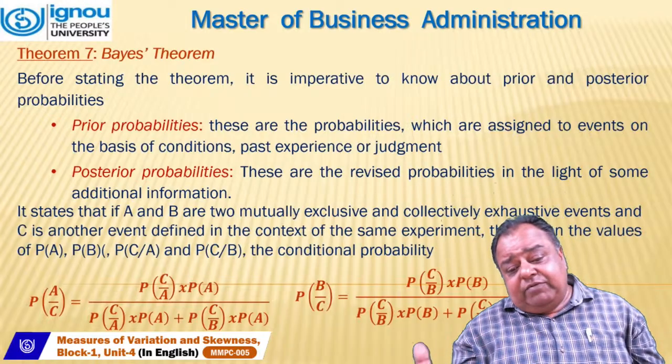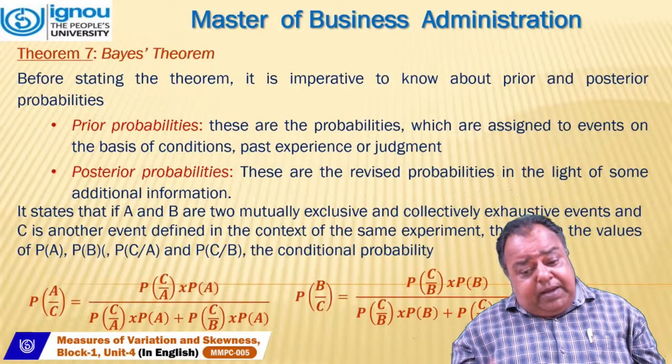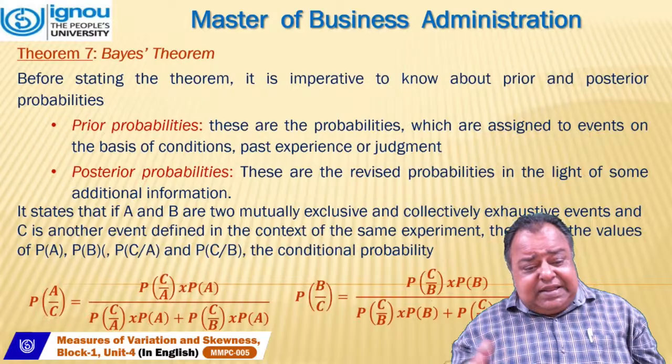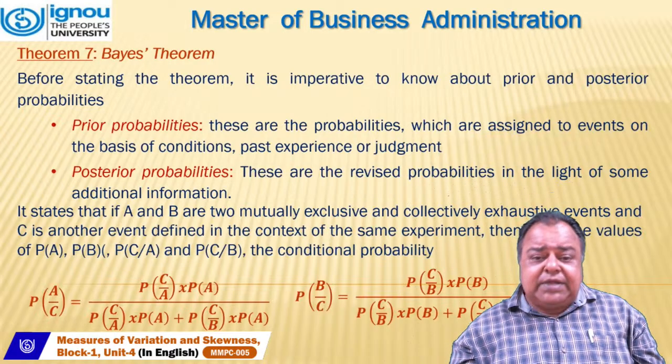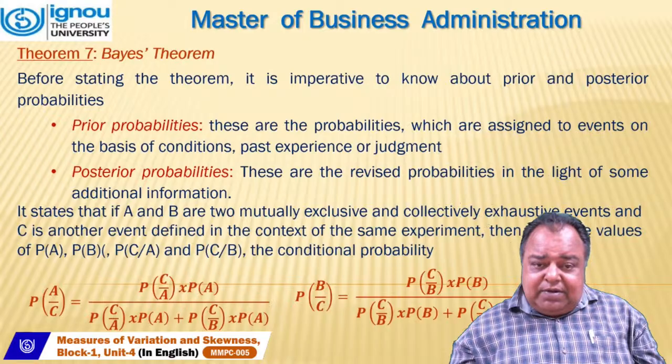Similarly, if we have to evaluate P(B by C), you can see the difference: in the numerator, P(C by B) and probability of B are there. The denominator remains the same. By taking up an example, we will see how it is evaluated.